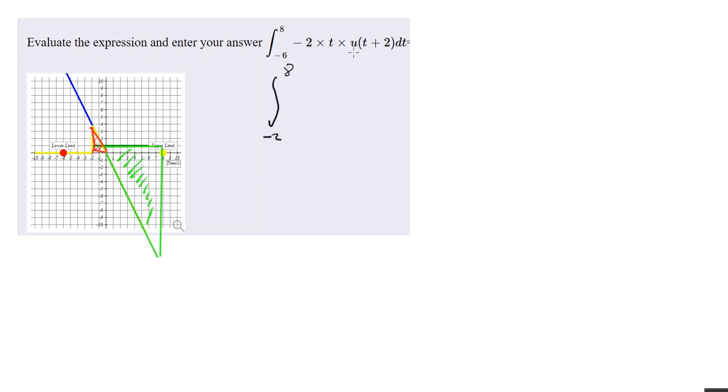Now, we've already changed the limits of integration here, and so we can actually set this to 1, because a step function, for t greater than or equal to 2, is 1. So we enforce that condition here, right?